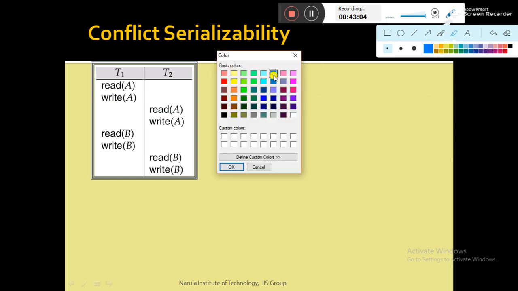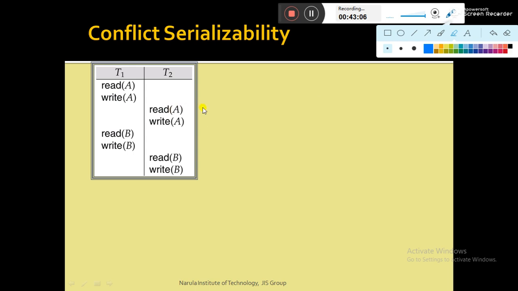So follow the instructions carefully. This is the given schedule, so we have to draw it. I write T1, this is T1, this is T2. So the first instruction is read A. Instead of writing full read A, I am writing RA.